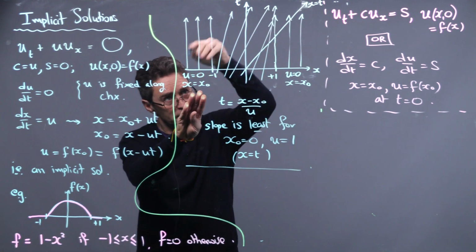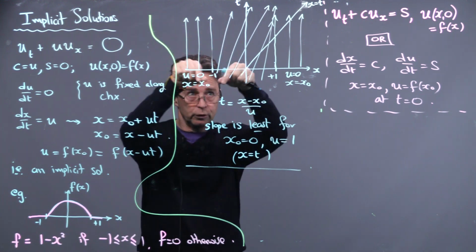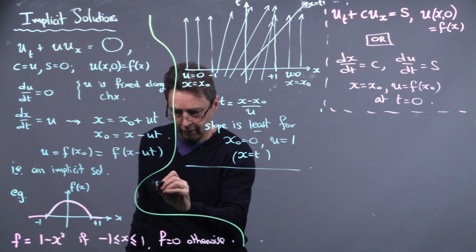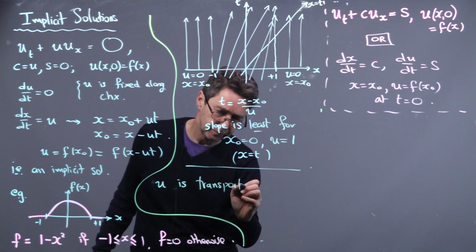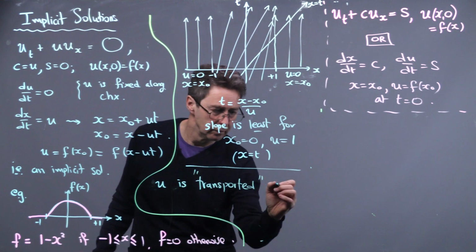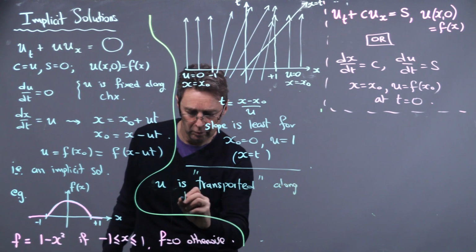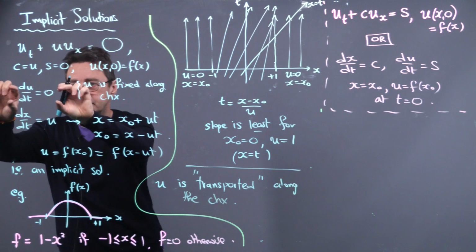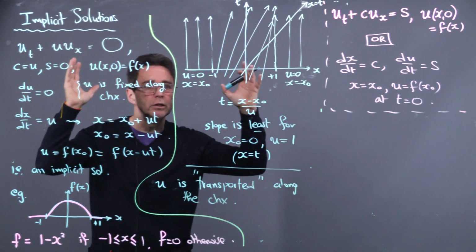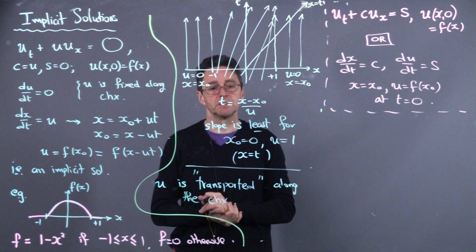Each of these lines has a value of u, and the value of u is being transported along it. All right, so u is fixed along the characteristics, right? So that information propagates along the characteristic curve, right?